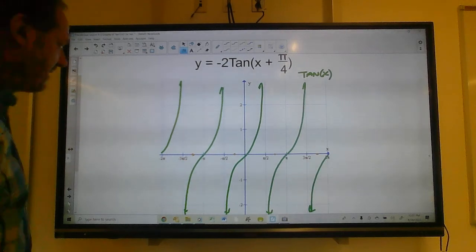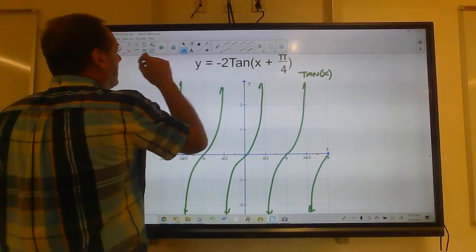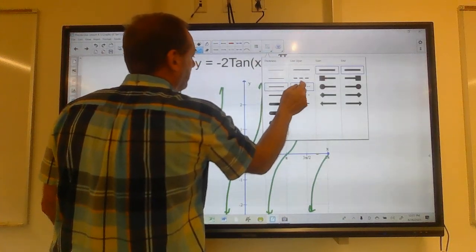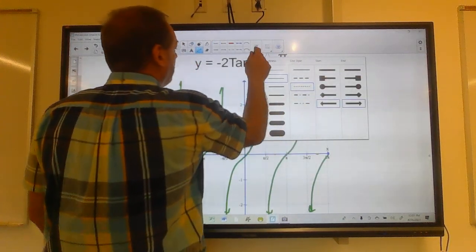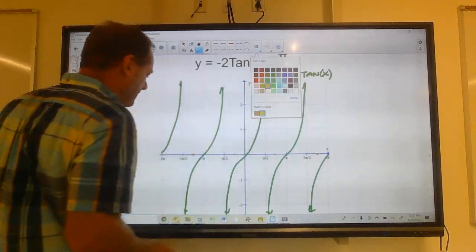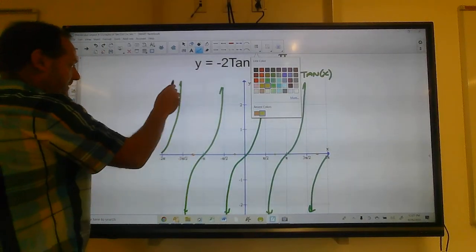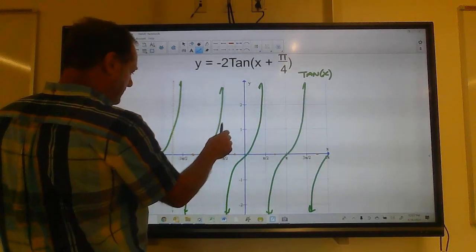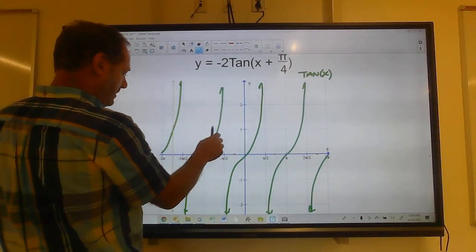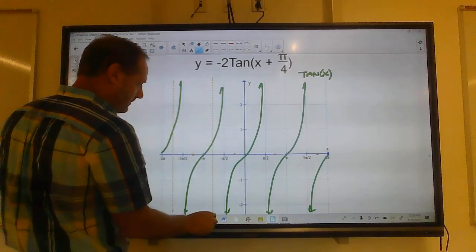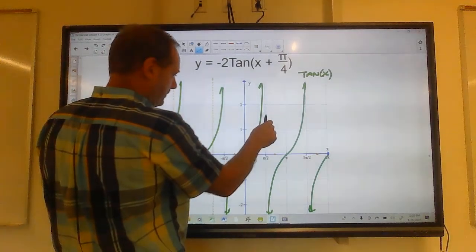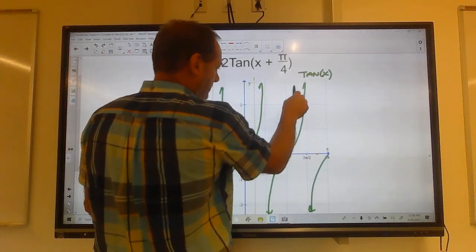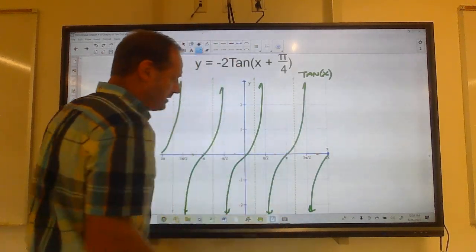Okay, and then my asymptotes, I'm going to go ahead and put some asymptotes in here. Normally I would have an asymptote here, but it's going to be shifted pi over 4. So then the next one would be right here, and the next one right here, the next one here.